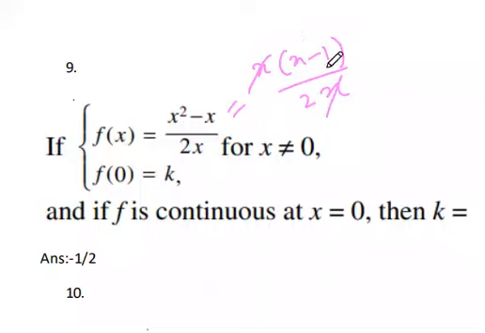This term goes to 0, then this rational function goes to -1/2. If this function is continuous, this limit should be equal to the functional value. That means the functional value k should be equal to -1/2.